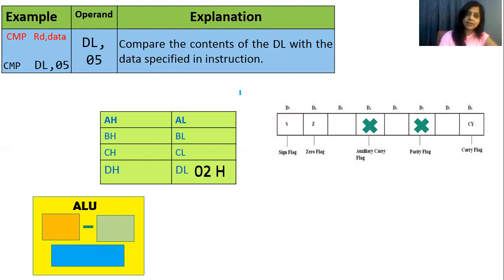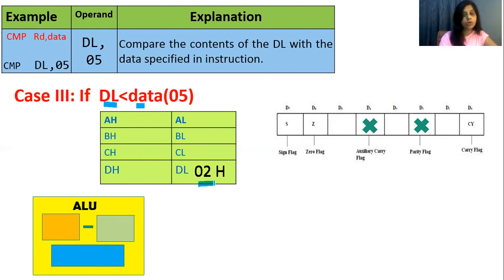Now next case is obviously DL holds smaller number than data. So let's assume that DL holds 0 2. So it will make 2 minus this 5. So result will be minus 0 3. If result is minus 0 3, so it will generate a borrow. Since it will generate a borrow, carry flag should set to 1.